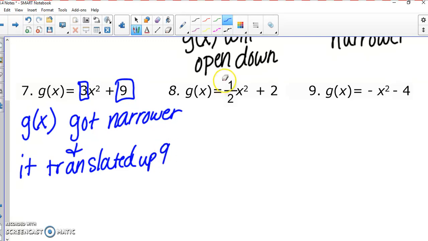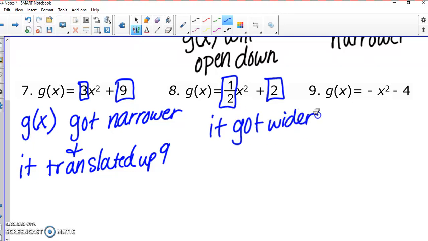Okay, this next one then, the things that changed was the 1/2 and the 2 from our original x squared. So 1/2, since that's smaller than 1, we would say it got wider. And then that plus 2 means that it translated up 2.